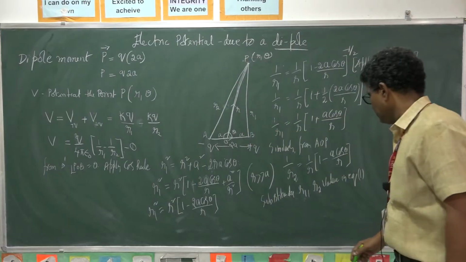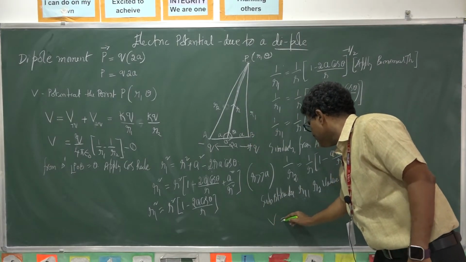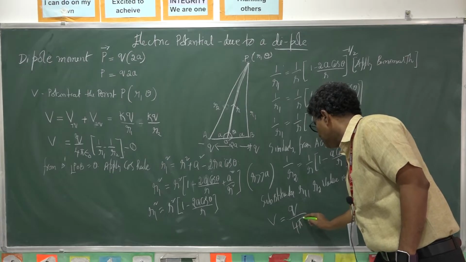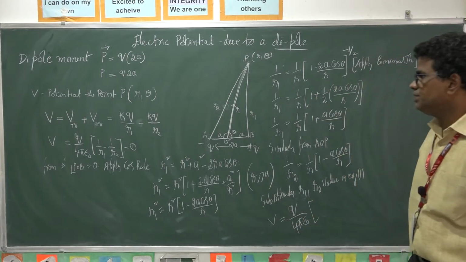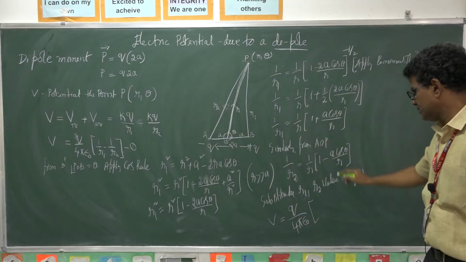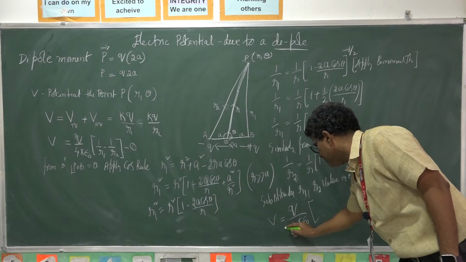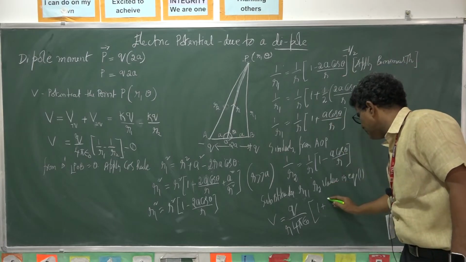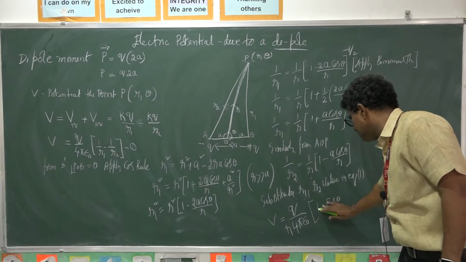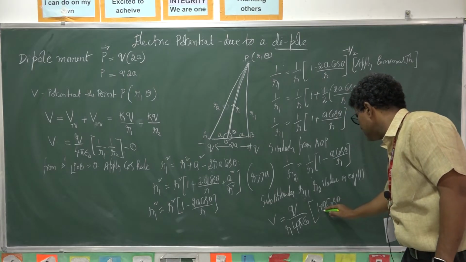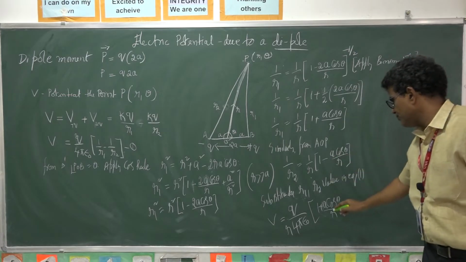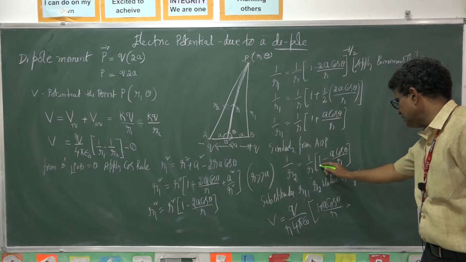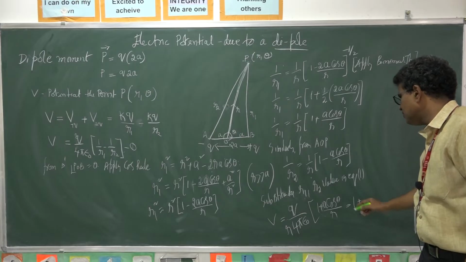So V is equal to K, that is Q by 4 pi epsilon, into 1 by R common, 1 plus A cos theta by R, minus, here you have minus, 1 minus A cos theta by R. Minus of minus becomes plus.